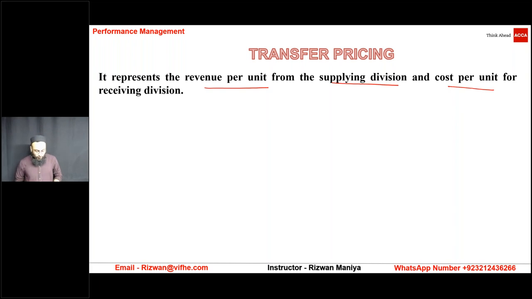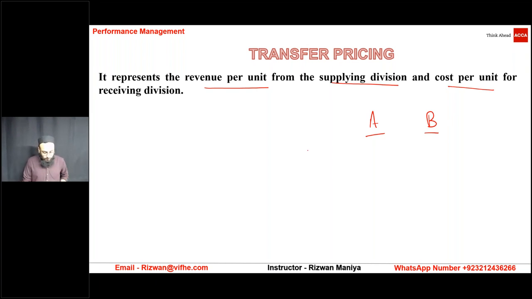So, if I give you a quick example relating to this, that will make it easy for you to understand. Just understand the basic concept that I'm setting up in your mind. For example, Division A, Division B, these are two divisions of the same company and they do business with each other. They trade with each other, okay?